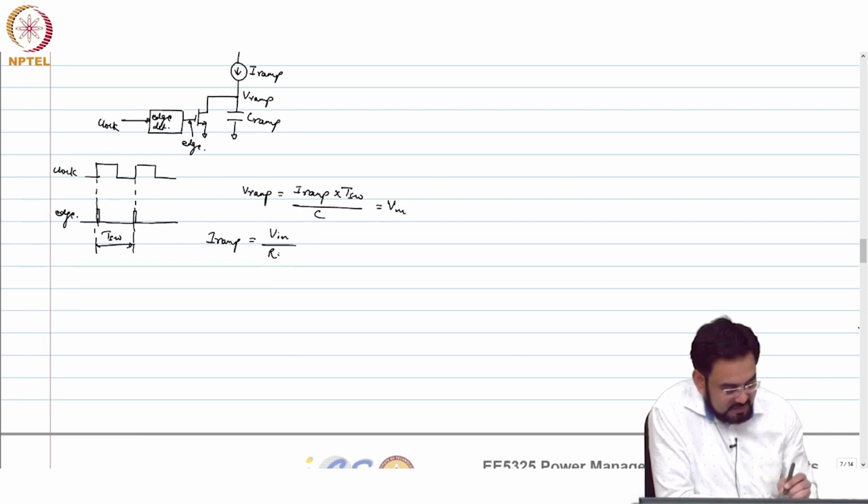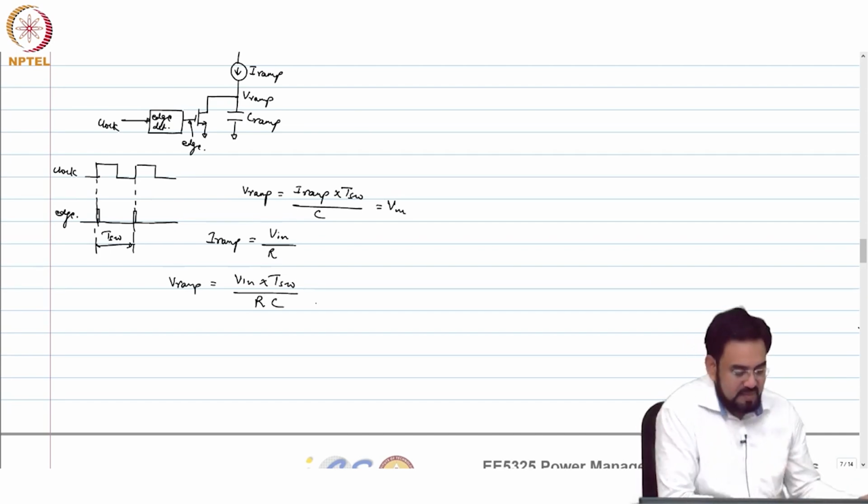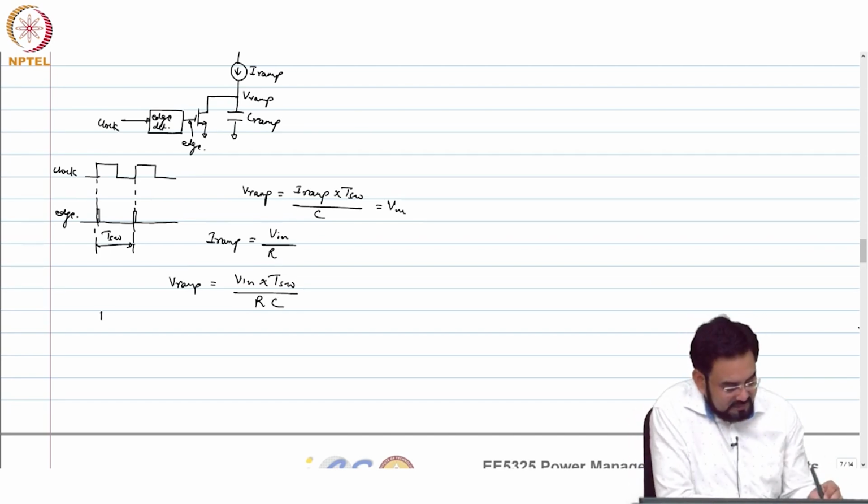V ramp equals V in times TSW divided by R C. TSW, R and C are constant.